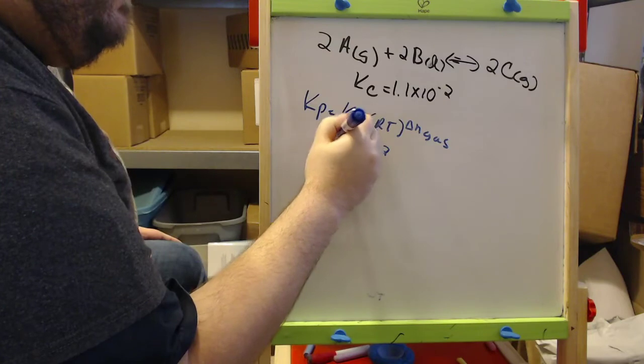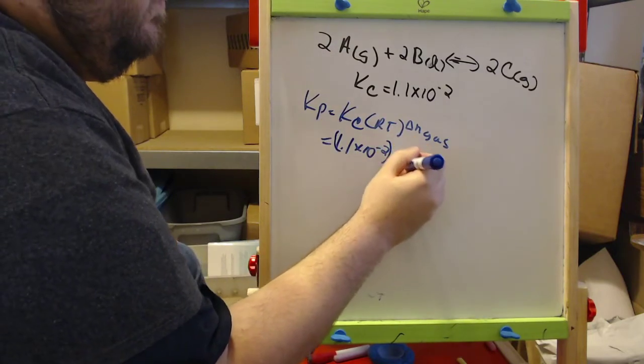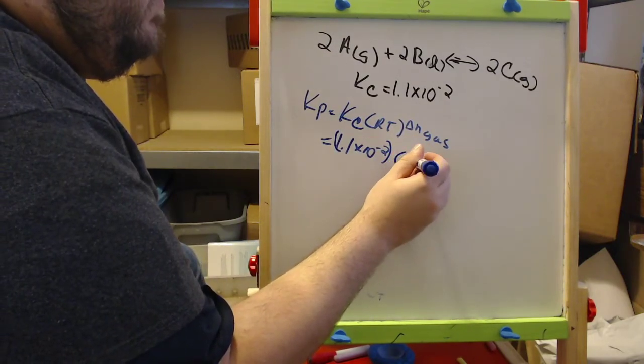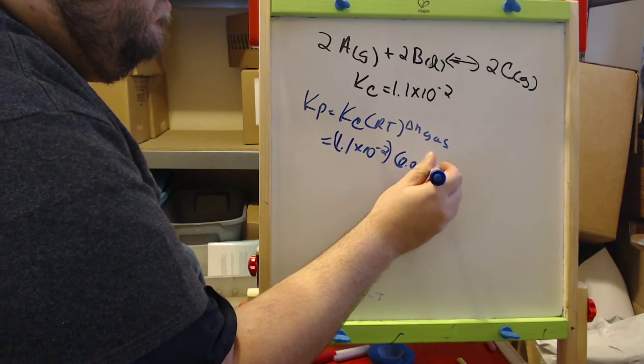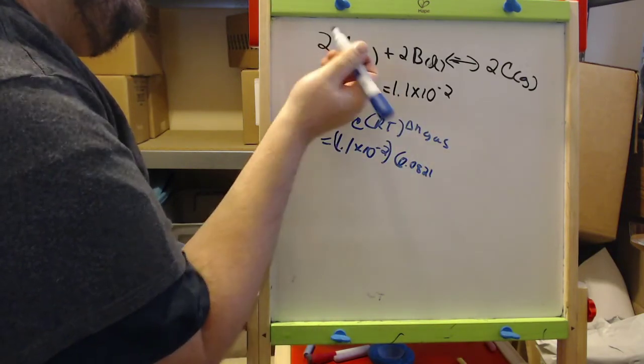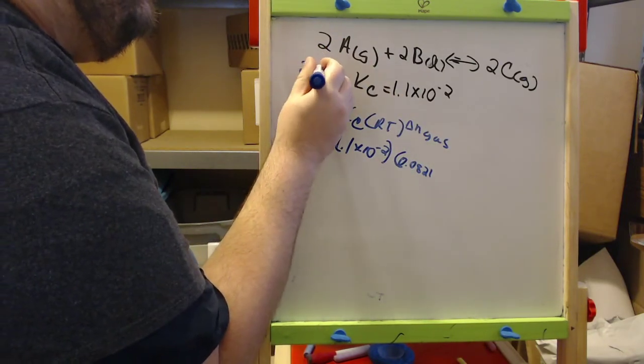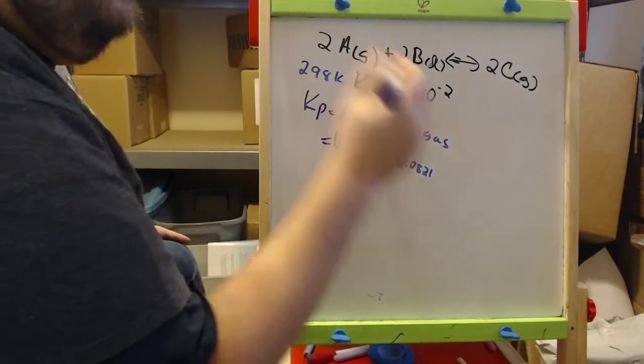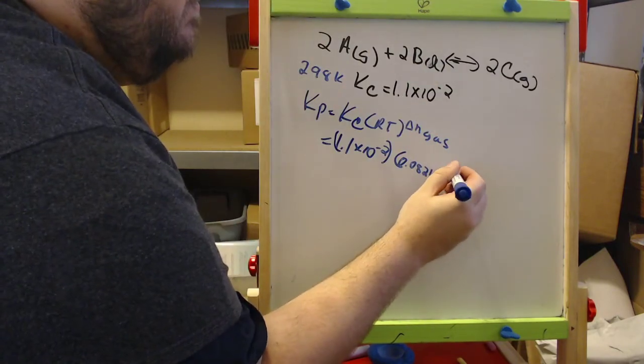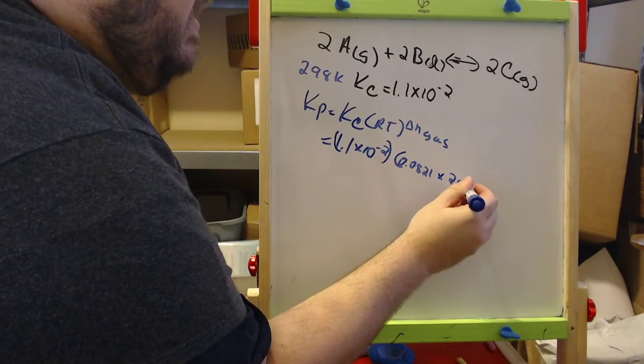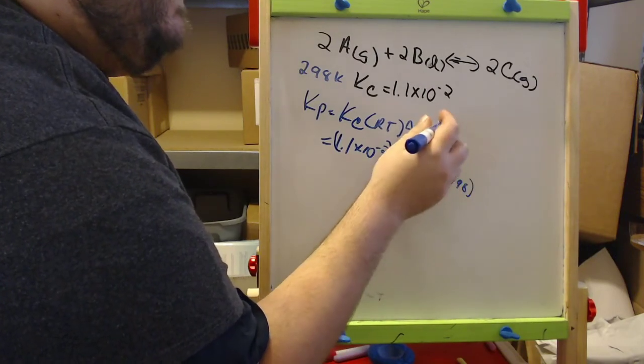We know what R is, 0.0821. I need a temperature. Let's just stick with the 298 Kelvin. We would be told that. 298.